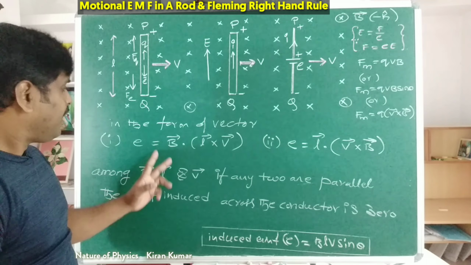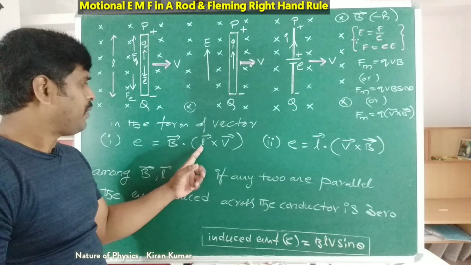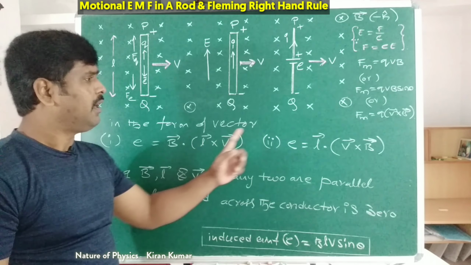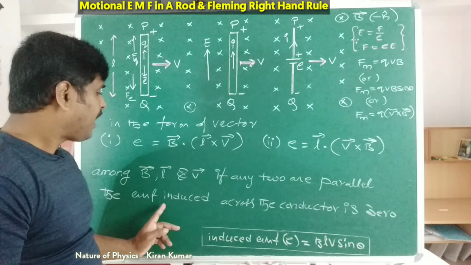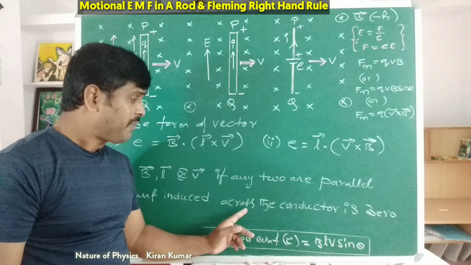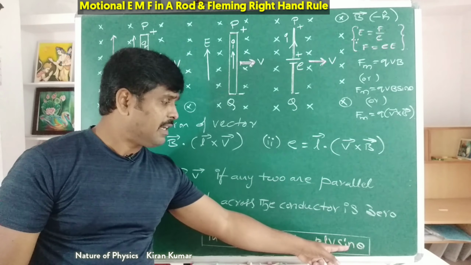See, if any two are parallel, either velocity and length, or velocity and magnetic field, then what happens? The induced EMF across the conductor is zero. The reason is that sine theta will come.